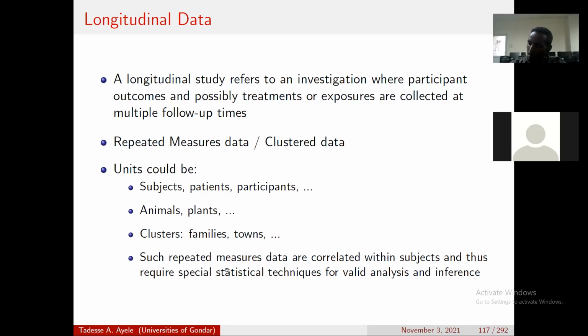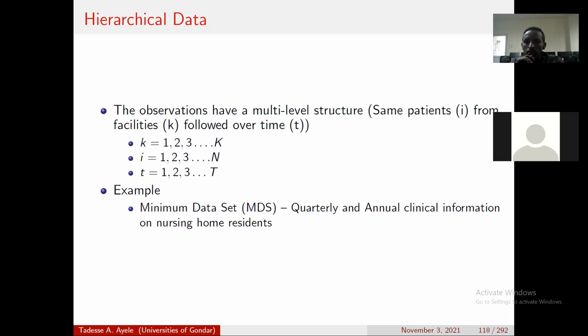Now such data or such repeated measures data are correlated within the subject and thus require special statistical techniques for valid analysis and inference. ያ ነው፣ ኮሪሌትድ ናቸው እነዚህ ዴታዎች ሪፒትድ ከሆኑ፣ ክላስተር ከሆኑ፣ ሎንጊቱዲናል ከሆኑ። ይሄ ኮሪሌትድ ዴታ ደግሞ ስፔሻል አቴንሽን ያስፈልገዋል፣ ለምን ካላችሁ because there is a kind of correlation among the observations. All right, so let me proceed to the next slide.